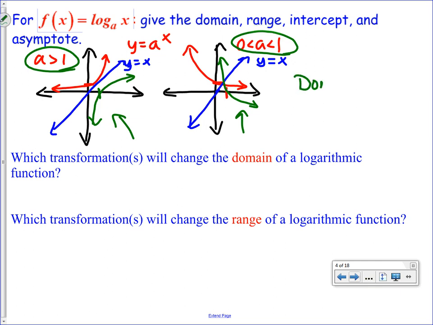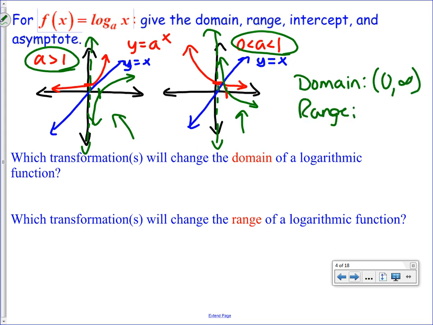The domain of your logarithmic function is actually 0 to infinity. And your logarithmic function has a vertical asymptote at 0. So your domain is 0 to infinity. The range is all real numbers. And this graph has a VA, which is x equals 0.